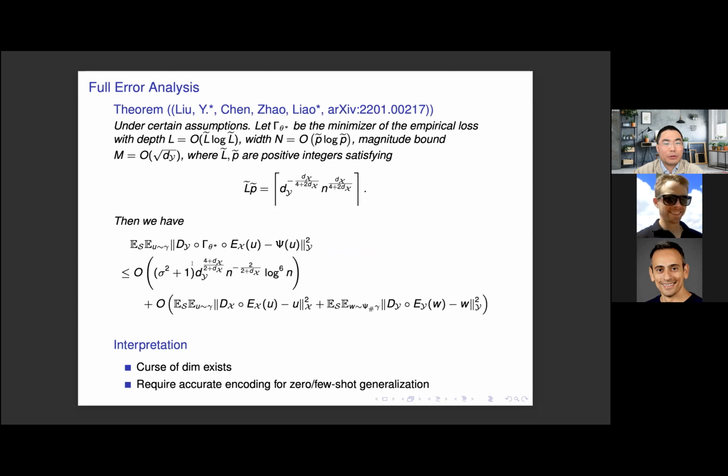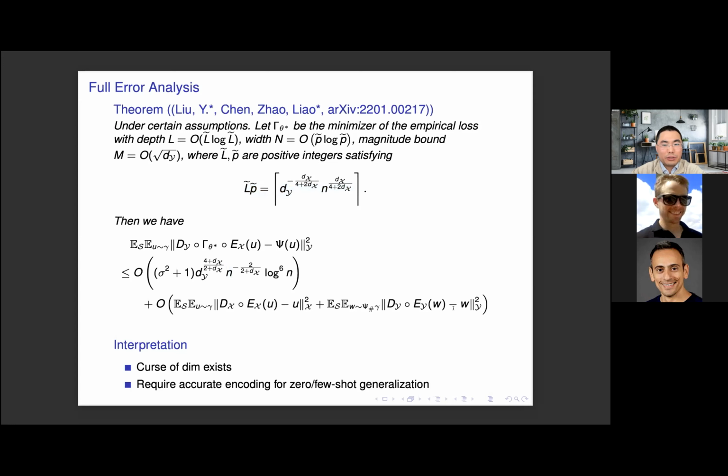So in our final error bound, we have 3 terms. One term is characterized in terms of the number of training samples n. For a fixed n, we have some strategy to choose the width and the depth according to the formula here to better achieve the target accuracy.